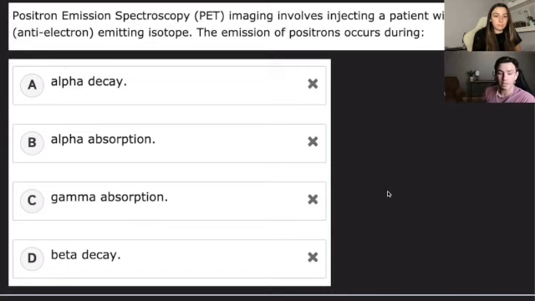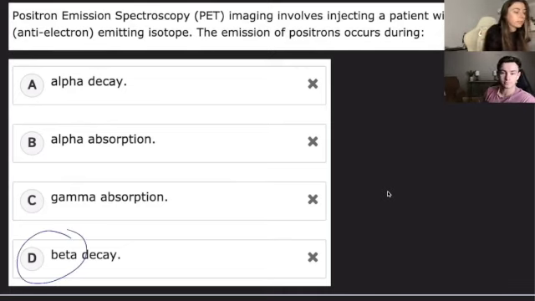And then D says beta decay. And remember we talked about how beta decay could encompass those three different types of decay that Maggie went through. And one of those is positron emission, or beta plus decay. So the emission of positrons occurs during D, beta decay. Final answer. Boom, correct answer.